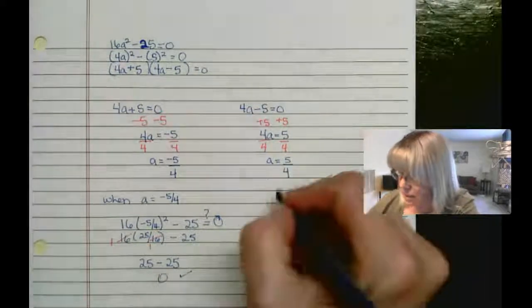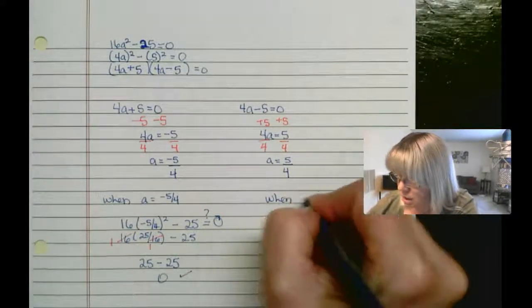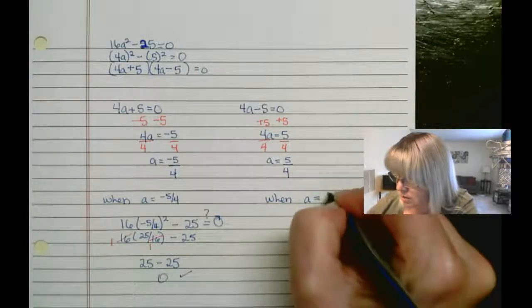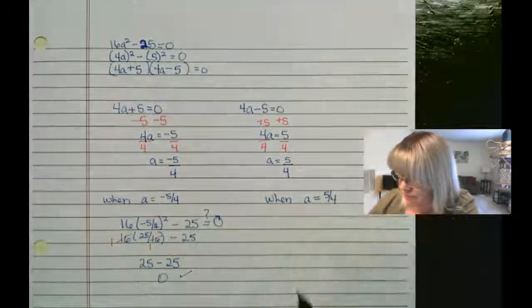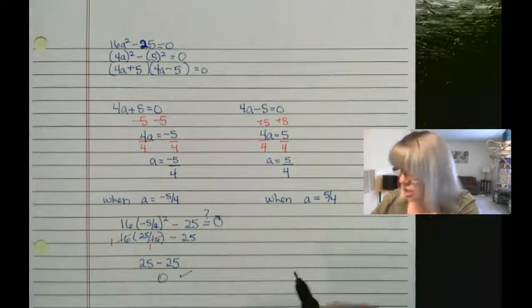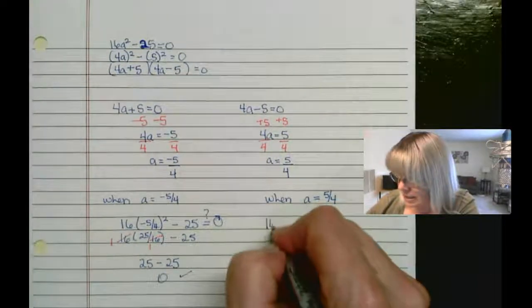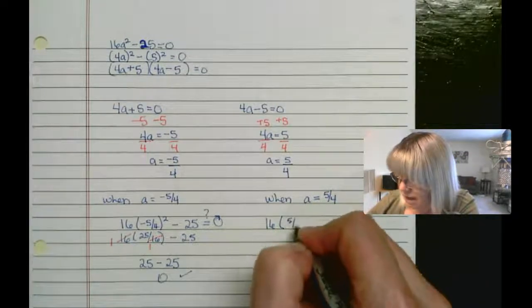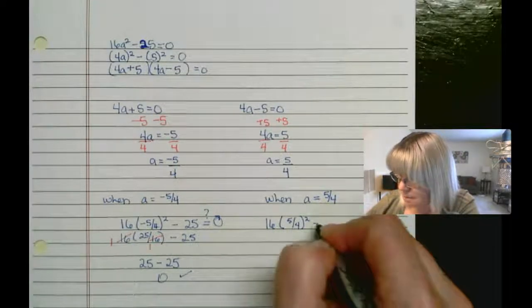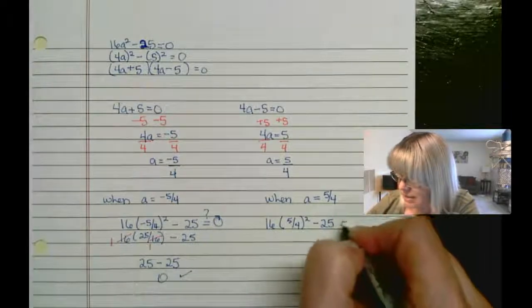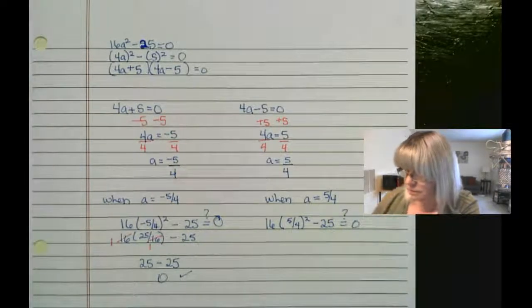Okay, that was one. When a equals positive 5/4, not much of anything really changes here, but we want to work it out just to make sure. 16 times 5/4 squared minus 25, does that equal 0?